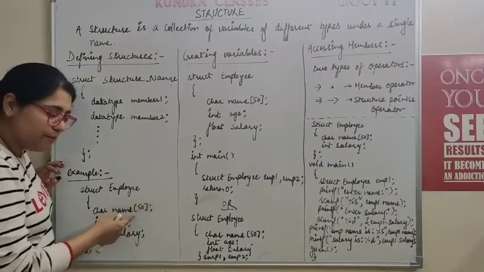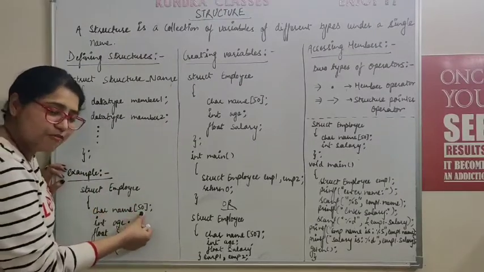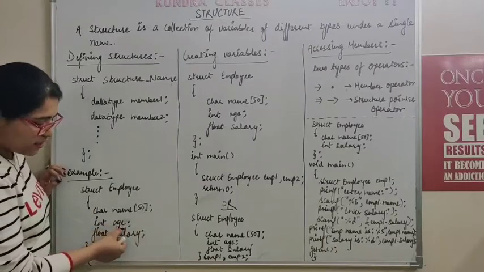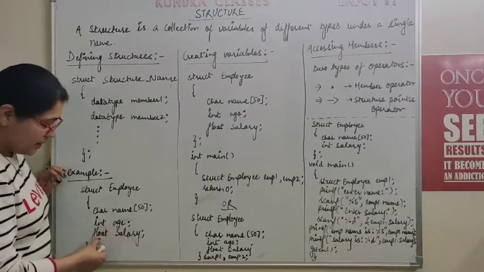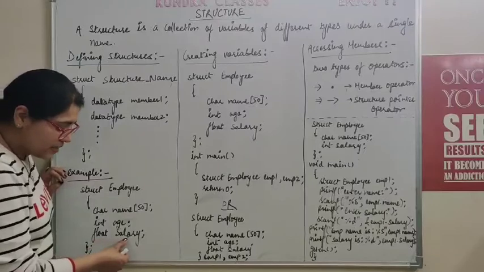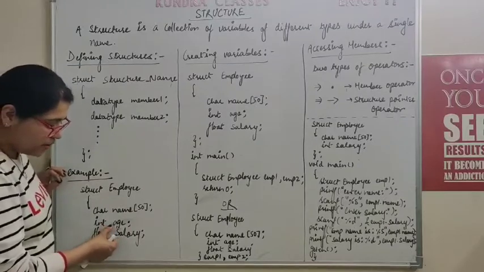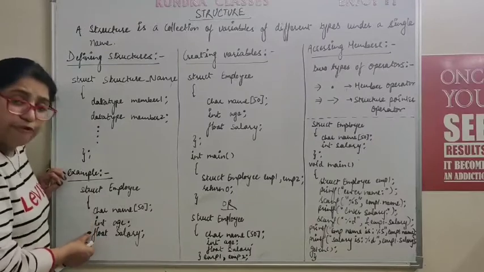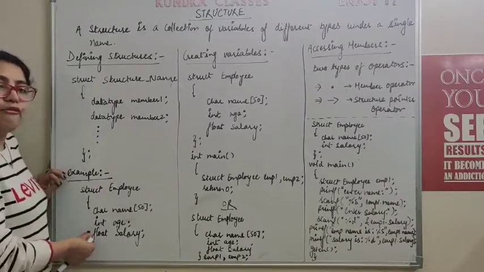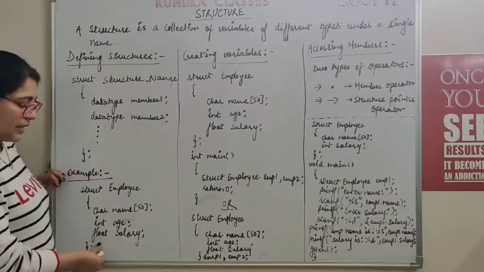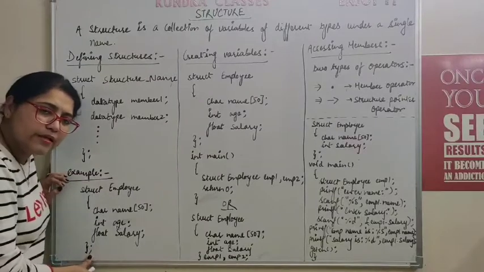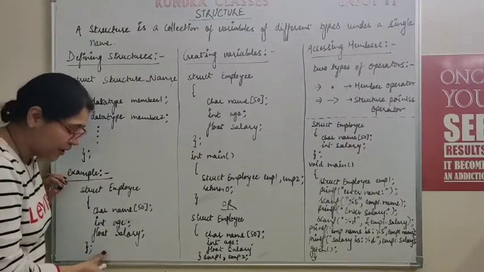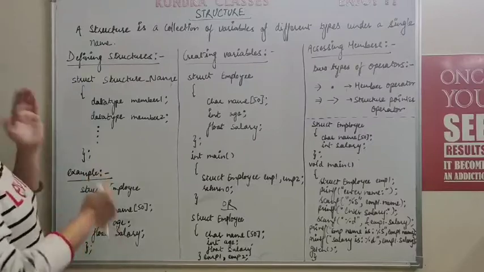First member is char name with a size of 50, पहला member name है. दूसरा member age है, integer type का है. तीसरा member salary है, float type का. So I have taken three different data types, one for each member inside the structure, and then terminated the structure with a semicolon. Okay, this is how we can define a structure.